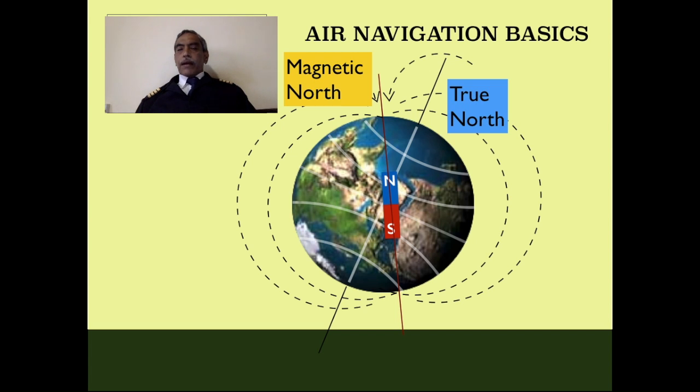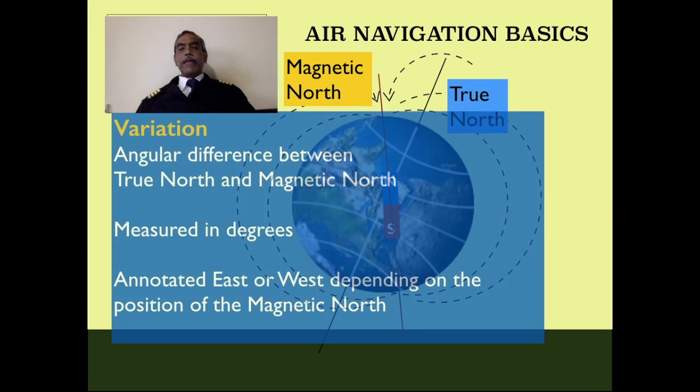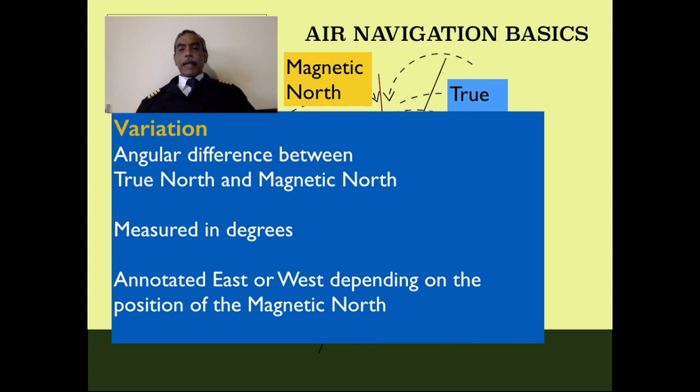Now, I want to introduce a new term called variation. Variation is the angular difference between the true north and the magnetic north. And of course, it is going to be measured in degrees and annotated east or west depending on the position of the magnetic north.